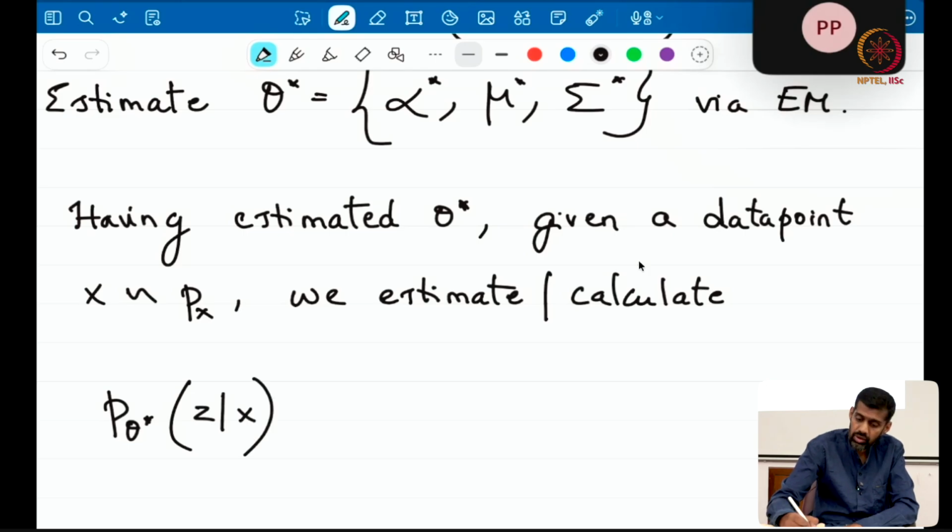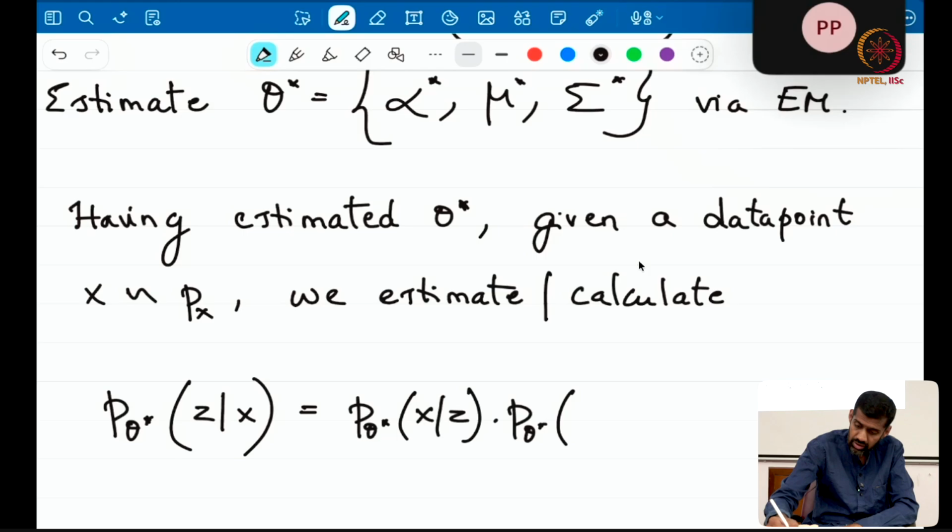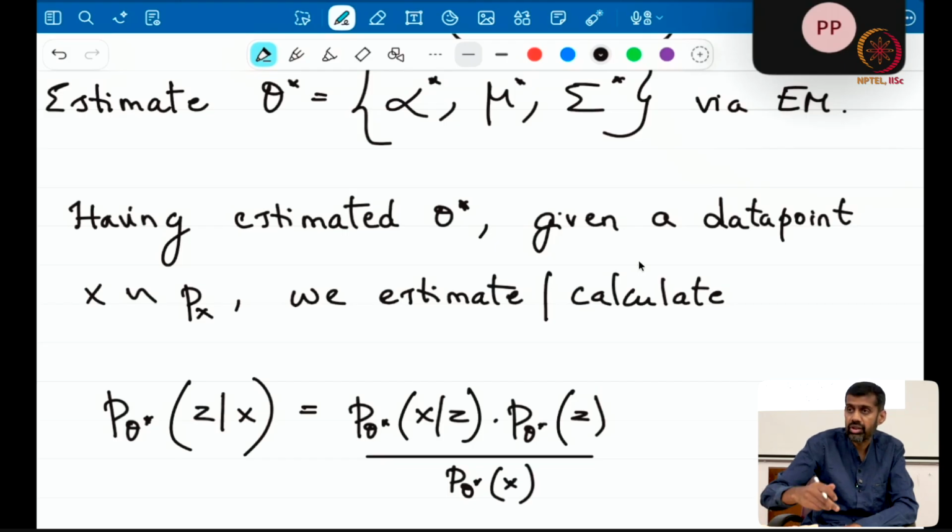So, what is this equal to? It is equal to P theta star of x given z times P theta star of z, divided by the sum over z of the same term, because there is a sum over that. We know how to estimate all of these terms.